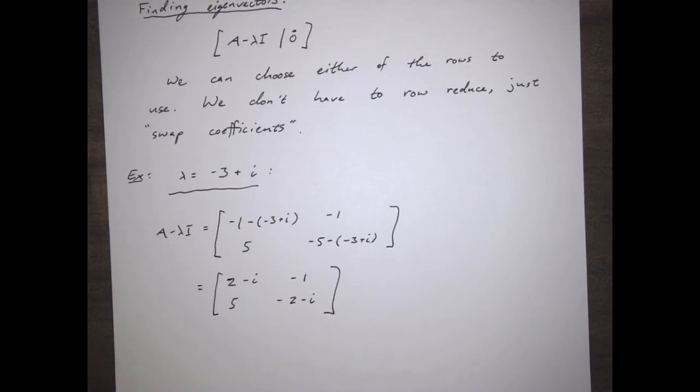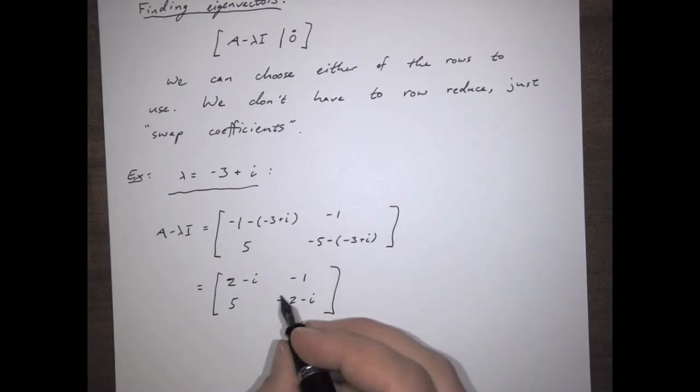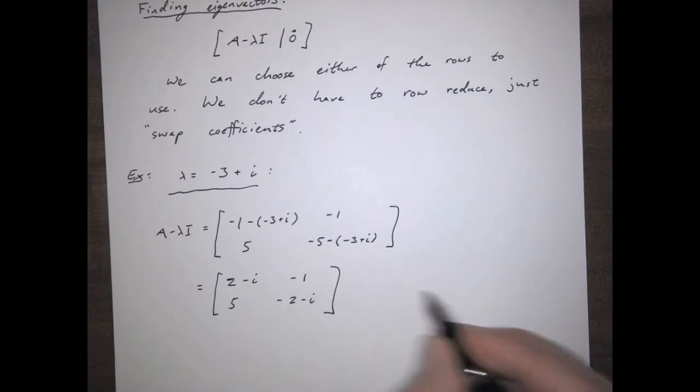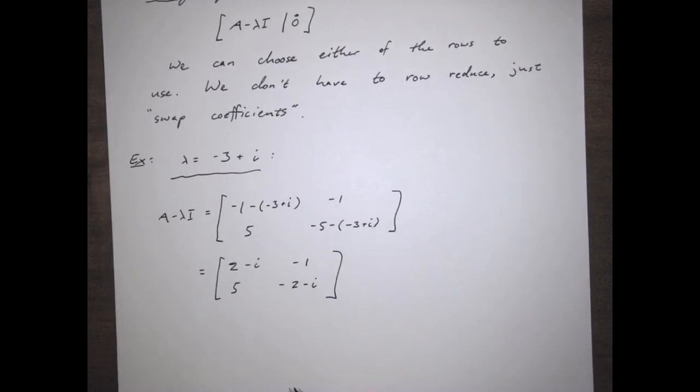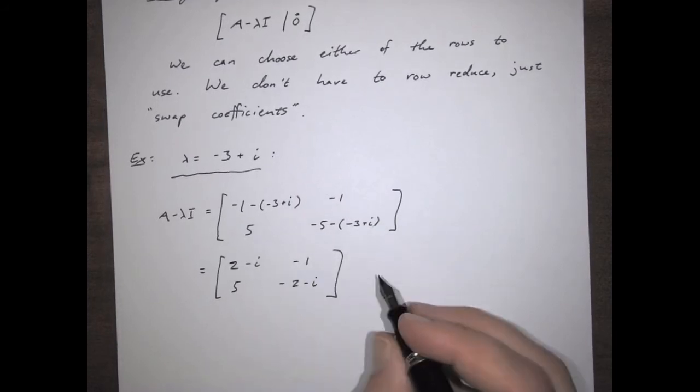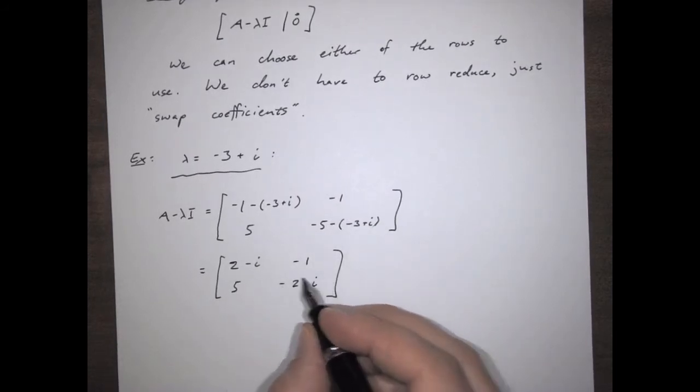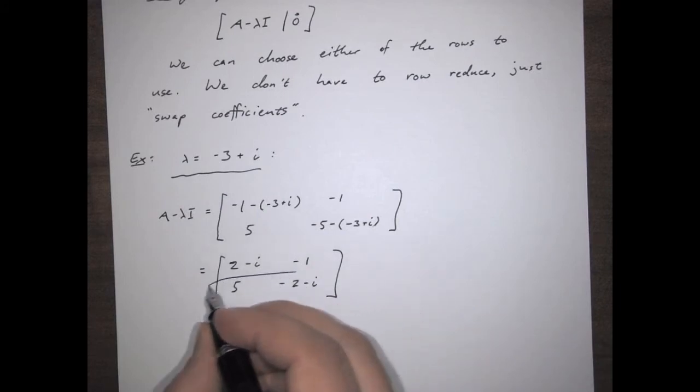And now what we can do is we can just arbitrarily choose either of these that we want. And I think by default your book, which means also your online homework, just chooses the second row.